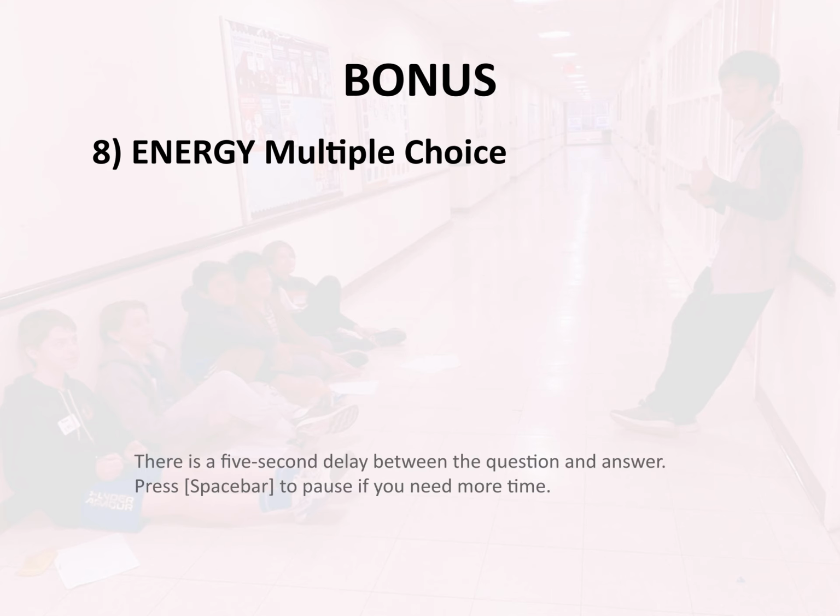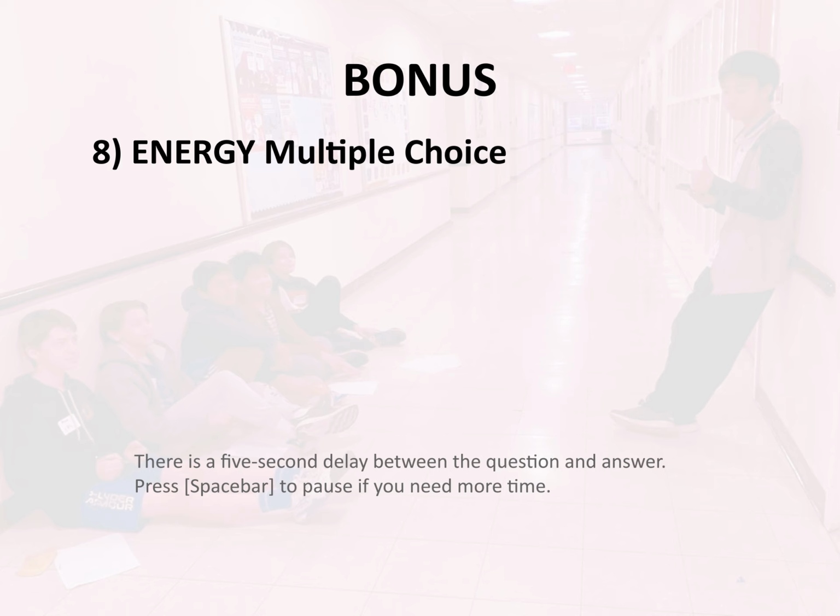Bonus 8. Energy. Multiple choice. Which of the following statements is true about pure biodiesel, or B100? W. B100 has higher carbon dioxide emissions compared to petrodiesel. X. B100 is more toxic than petrodiesel.